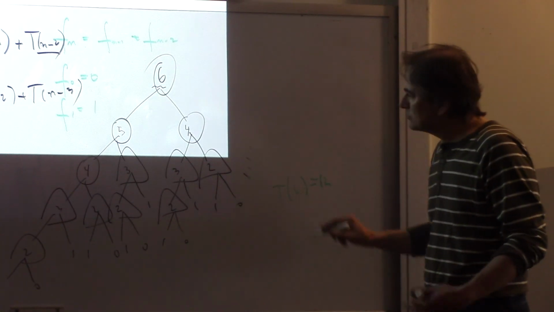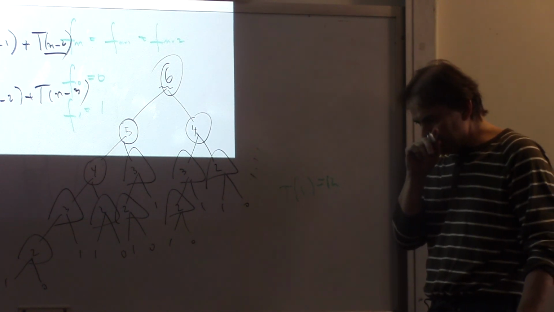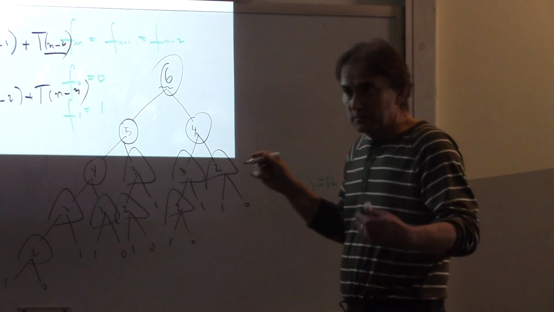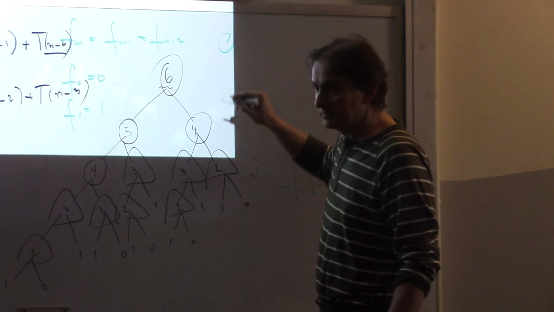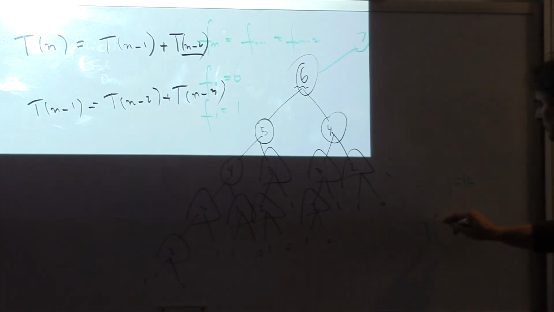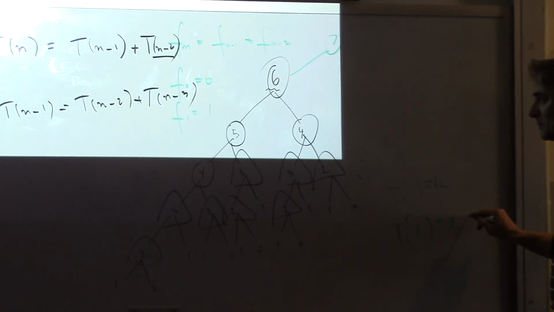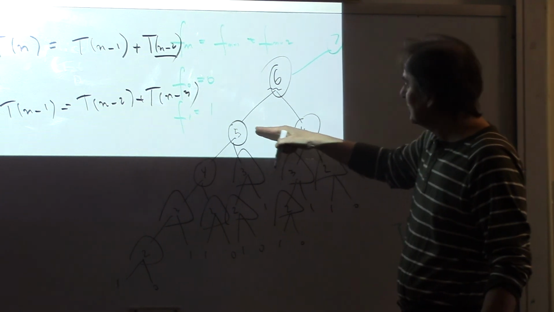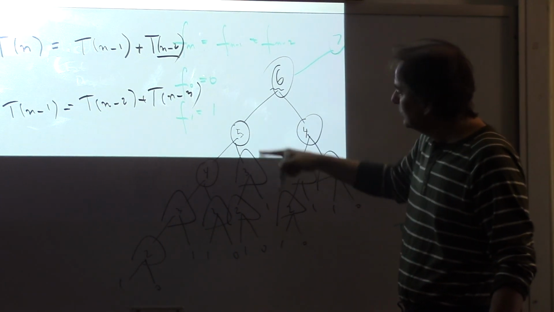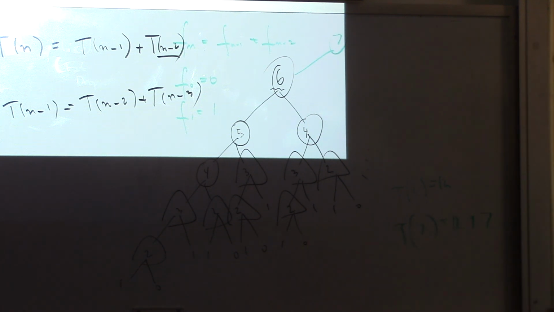Now, how can we show that it's exponential? Well, because if we went for 7, T of 7 would equal 12 plus whatever is 5. 1, 2, 3, 4, 5, 6, 7 plus 7, which is equal to 19.